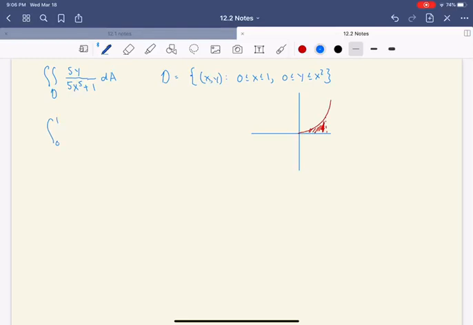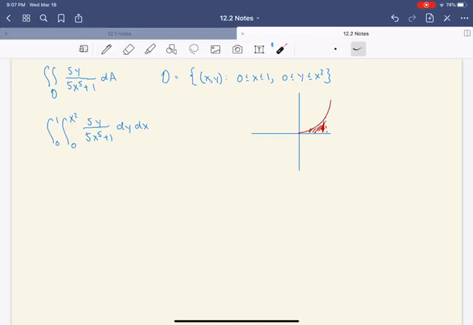This is going to be an x, 0 to x squared, that's going to be the limits of y, of 5y over 5x to the fifth plus 1 dy dx.